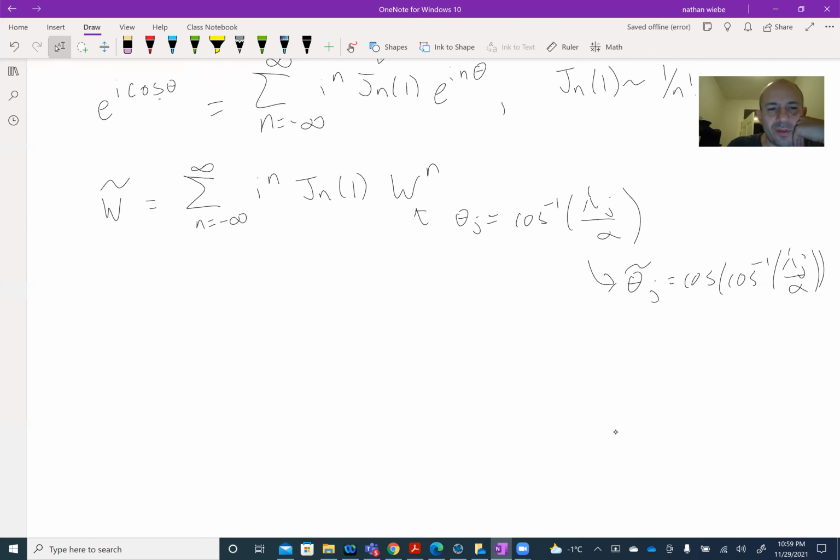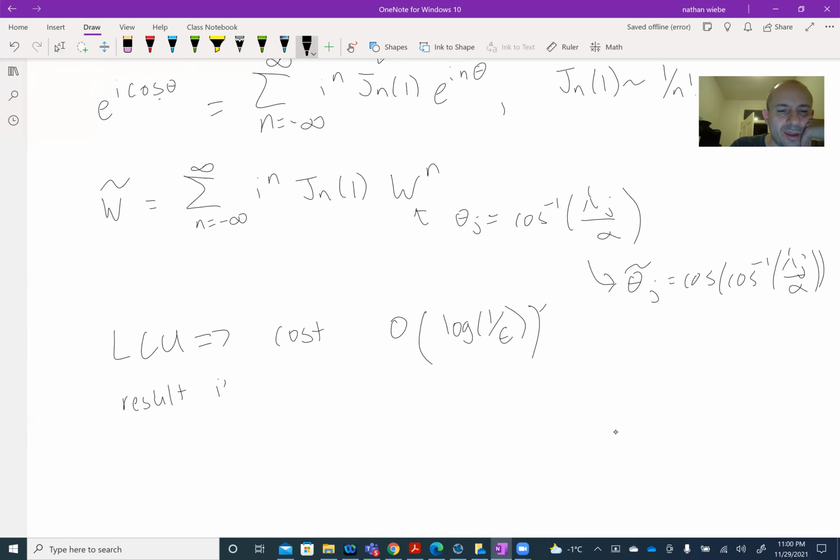So the cost of doing this using a linear combination of unitaries basically ends up scaling like order log 1 over epsilon queries that we need in order to make this whole thing work. And the result is e to the I h over alpha.